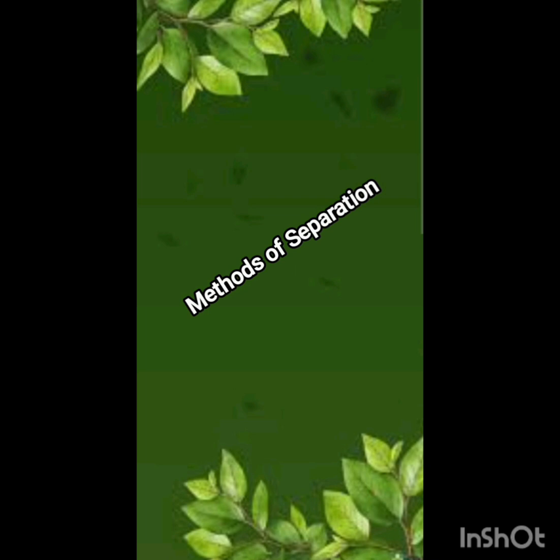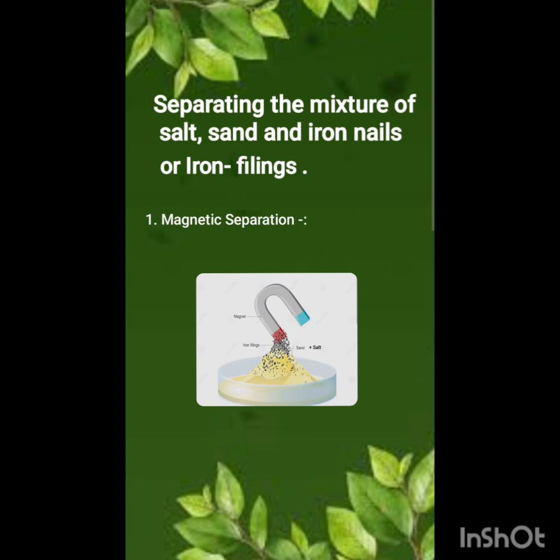In such cases, more than one method of separation has to be employed to separate the components of the mixture. For example, if we have a mixture of salt, sand, and iron filings, we need to adopt different methods of separation.